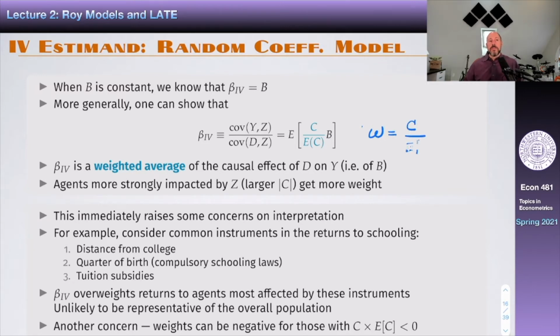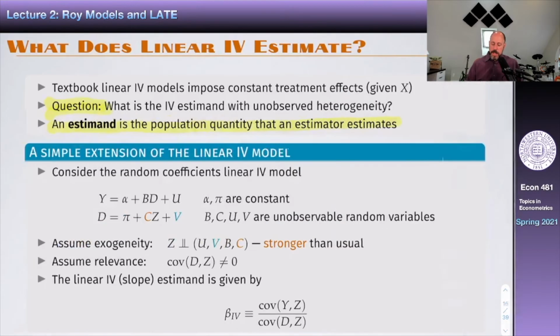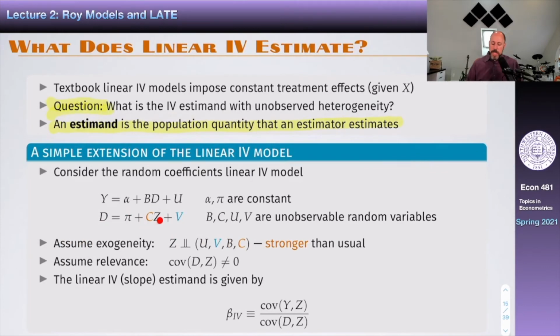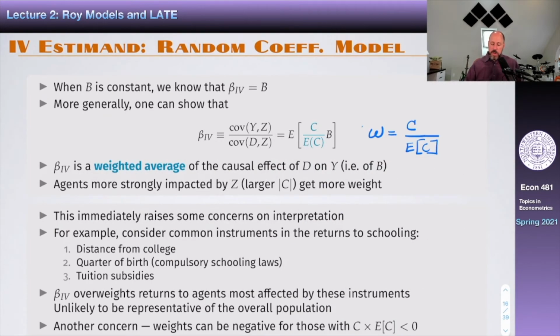So what happens is that, again, if you just go back to the previous slide, C measures how much an individual changes their D as you move Z. It is a measure of relevance. And so what this says is that agents that are more strongly impacted by Z get higher weight.